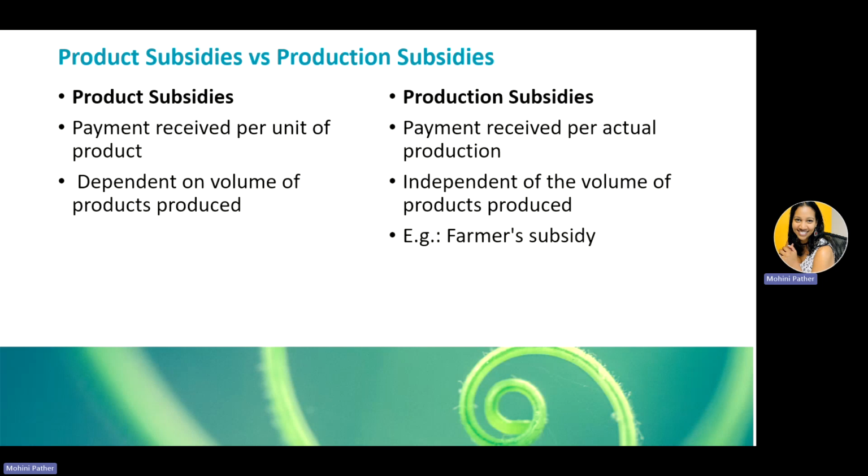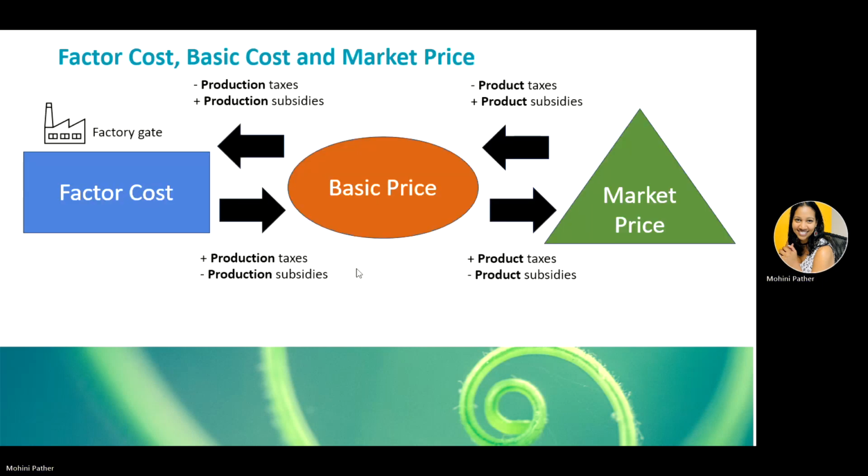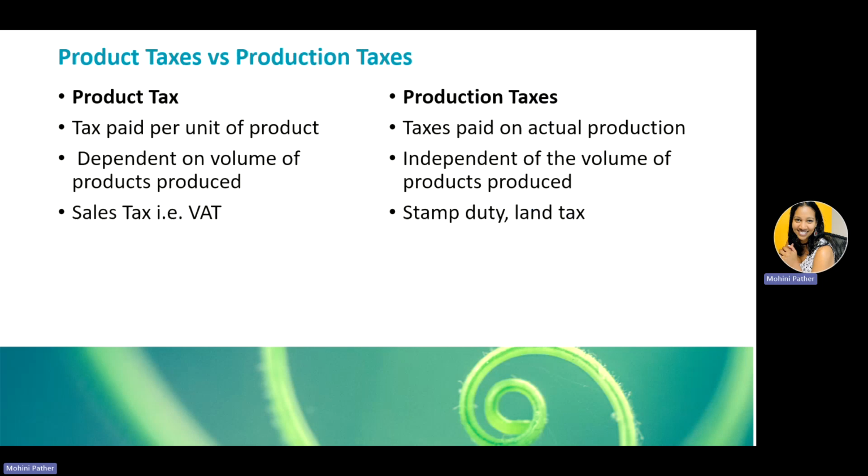A product subsidy is very dependent on the volume of the product. That is where we subsidize a specific product because it is necessary for the population. For example, if we're looking at bread in basic prices, by the time we look at the market price, we have to consider that government does subsidize bread because it's a basic product for sustenance within our population.